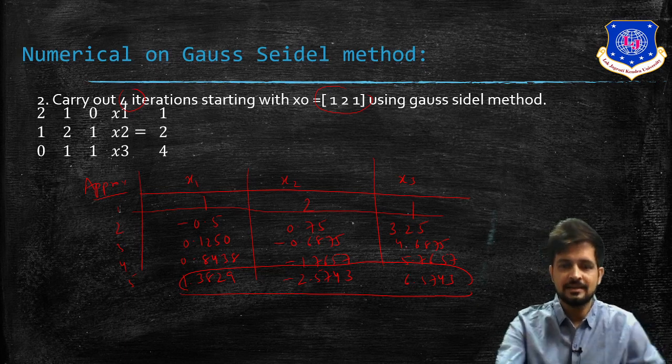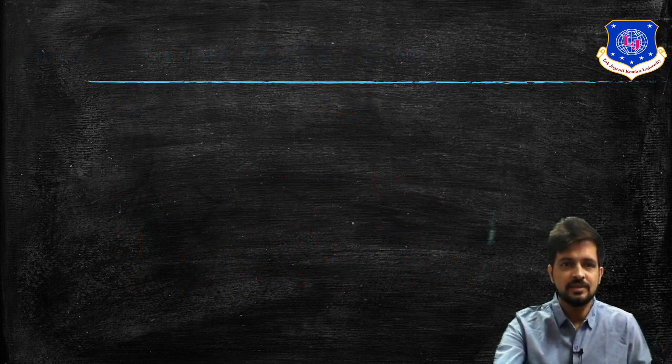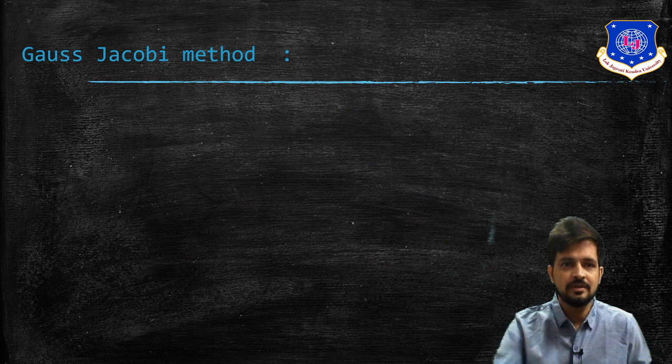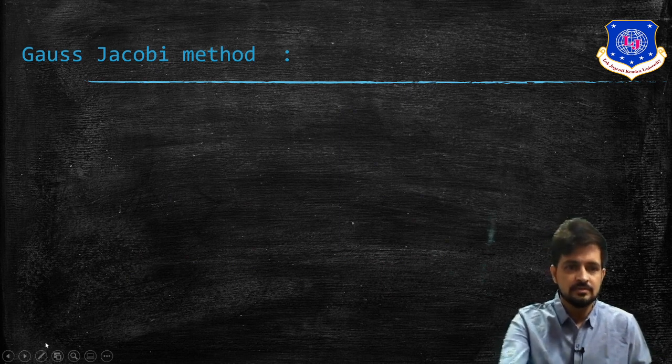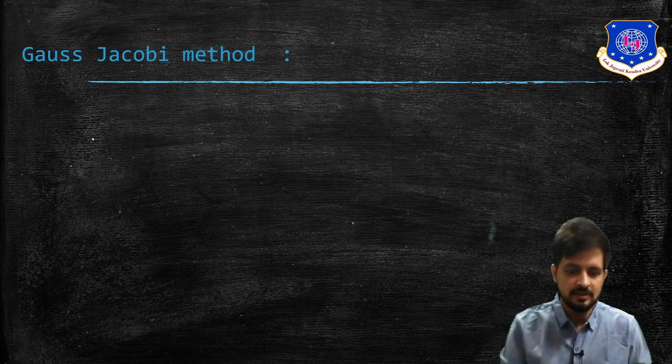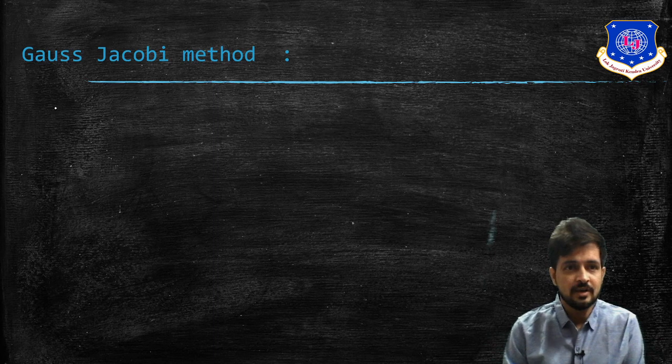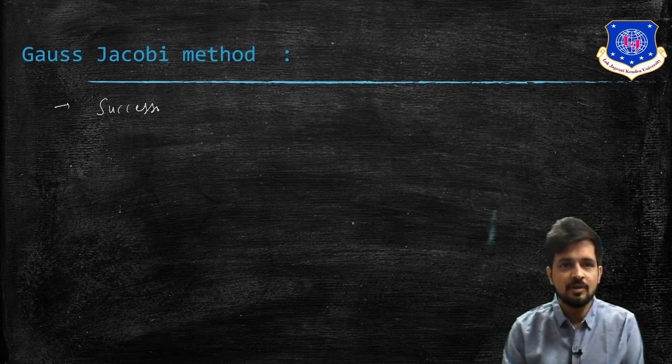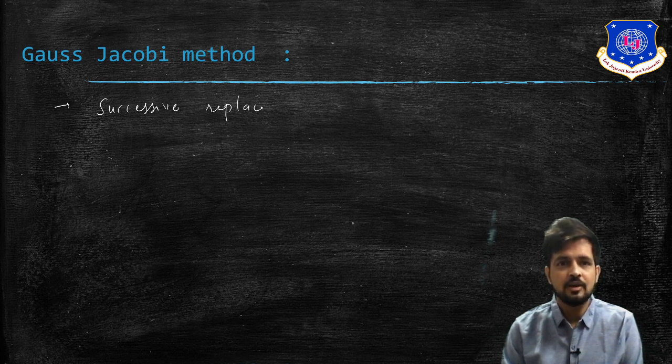Let's move on to the next method, and the last method of this chapter, the Gauss-Jacobi method. Now what is the basic difference between Gauss-Jacobi and Gauss-Seidel? Gauss-Jacobi is slower than the Gauss-Seidel method. Why? Because in Gauss-Jacobi we are not using successive replacement.